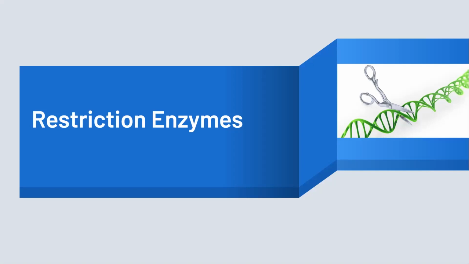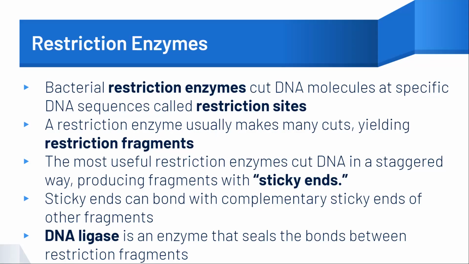Starting with restriction enzymes: restriction enzymes are enzymes that cut the DNA. So think of them like DNA scissors. Restriction enzymes work by finding a restriction site, and once they find that unique restriction site, they then cut the DNA at that particular site.